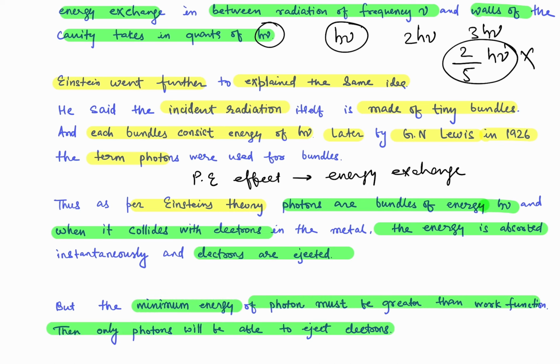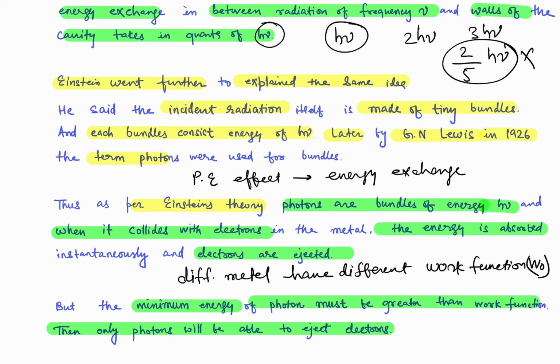So the minimum energy must be the work function of the metal, and different metals have different work functions. Let me write it: different metals have different work function W naught.